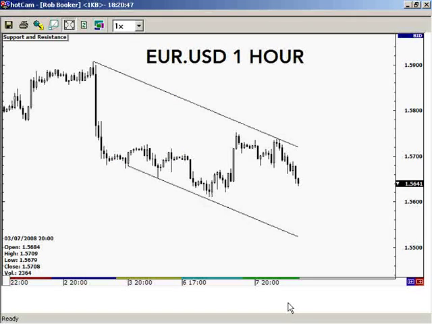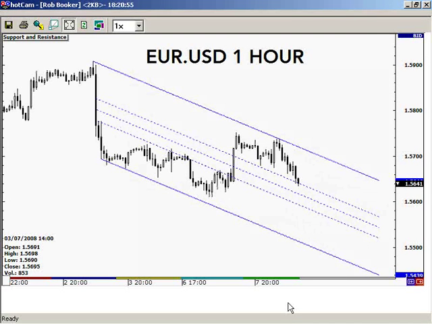A channel is simply two parallel trend lines. Trend line number 1 up here, trend line number 2 down here. As Alex so brilliantly mentioned, the euro is kind of in a downswing here. It's making lower lows and lower highs. For me, that means we ought to be thinking about selling it.